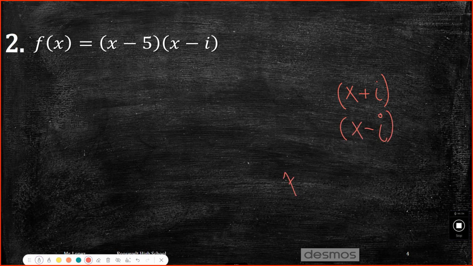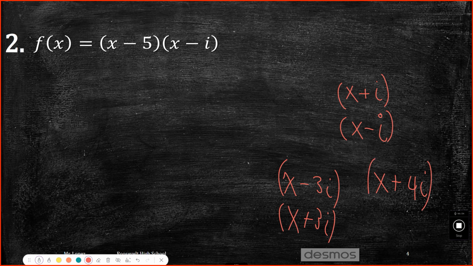If I told you x minus 3i is a solution, what also is a solution? x plus 3i. I think you get it now. If I told you x plus 4i, what is it? x minus 4i is a solution. So that's like your uncle, your aunt, your uncle, your aunt. All right, let's go. Continue.